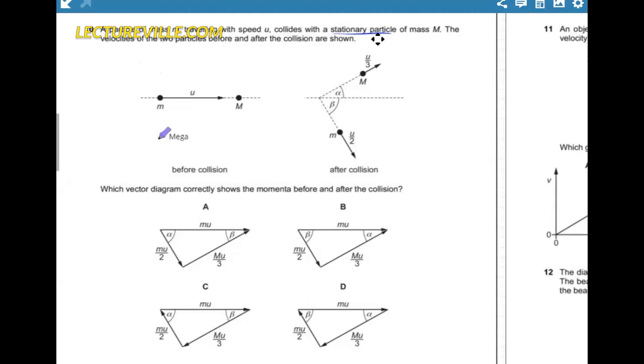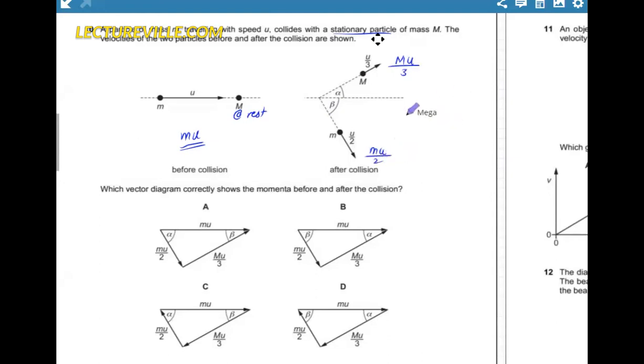Now, it is at rest. So total momentum before collision will be mu. Now, what is momentum after collision for capital M? It is mu by 3. It is mu by 2.